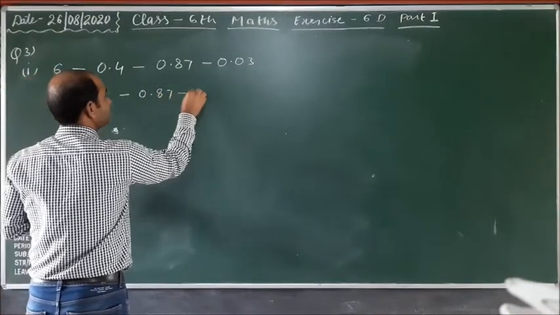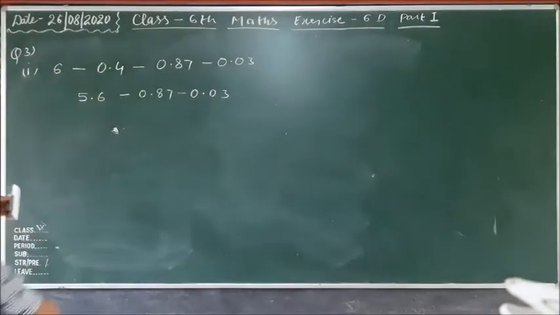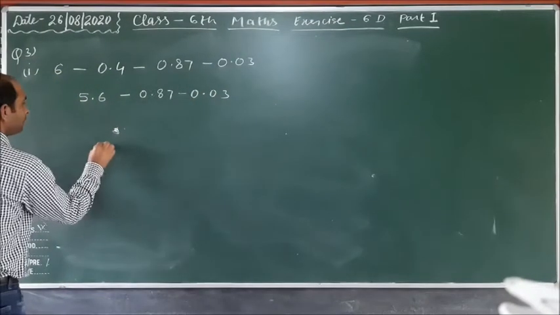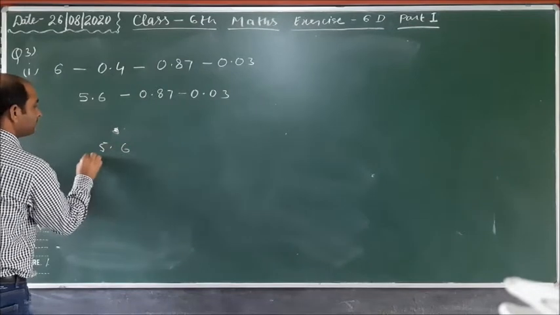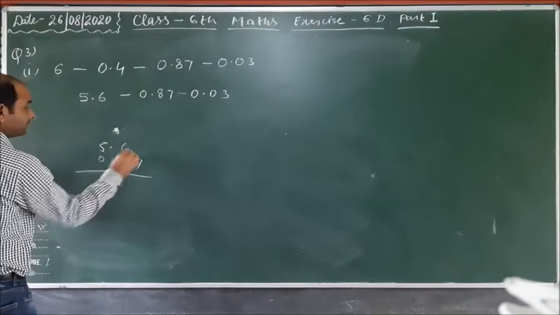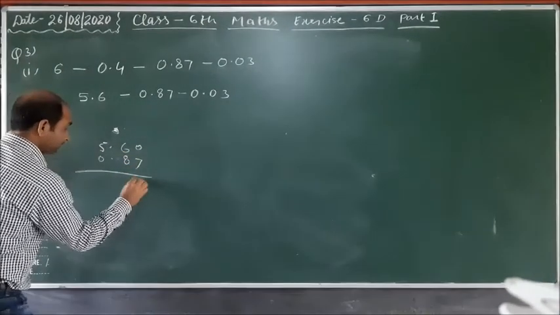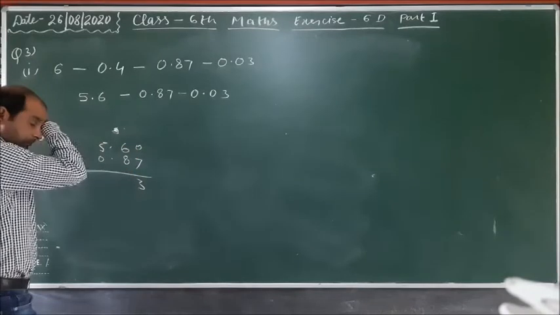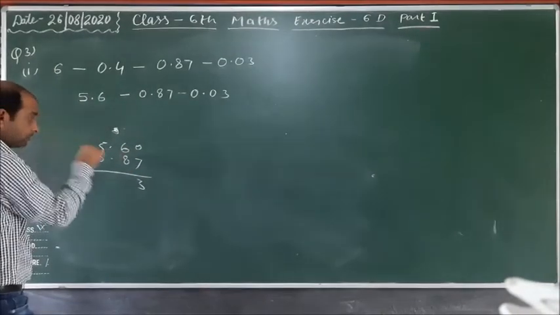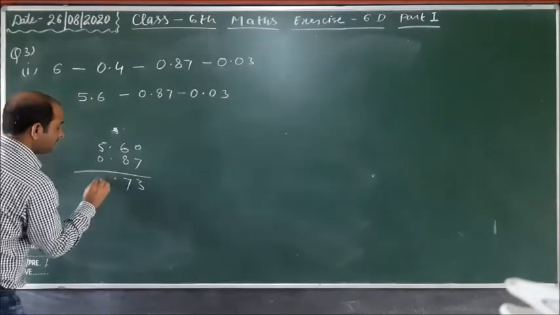Now minus 0.87 minus 0.03. Okay. Now here also 5.6 minus 0.87. We subtract here. Now 10 minus 7 equals 3. 15, 3 minus 8 equals 7. And decimal, and here 4.